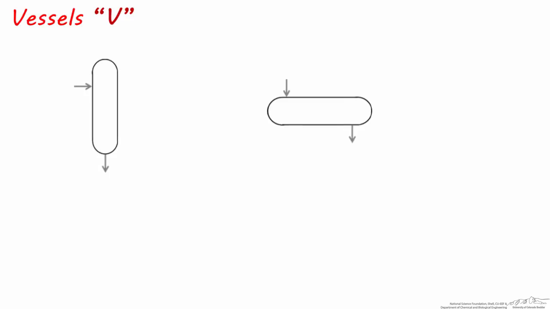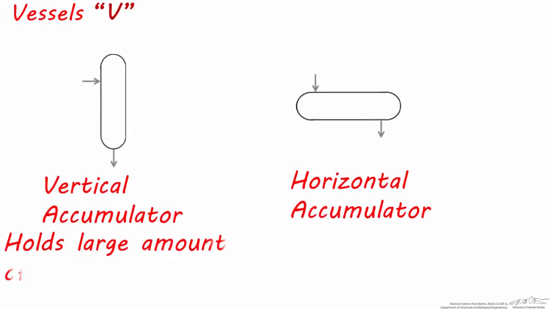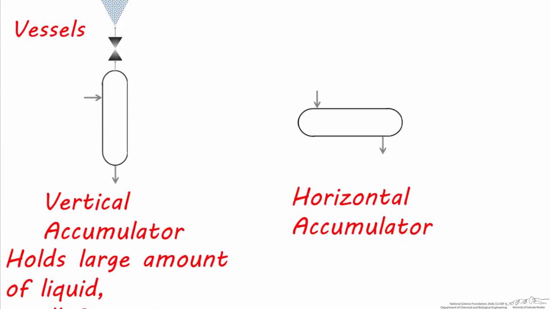These vessels are examples of vertical and horizontal accumulators. Vertical accumulators are used when you need a vessel that can hold a large amount of liquid and also has a small footprint. It's also used for vapor-liquid mixtures when you may need to vent or flare vapors.